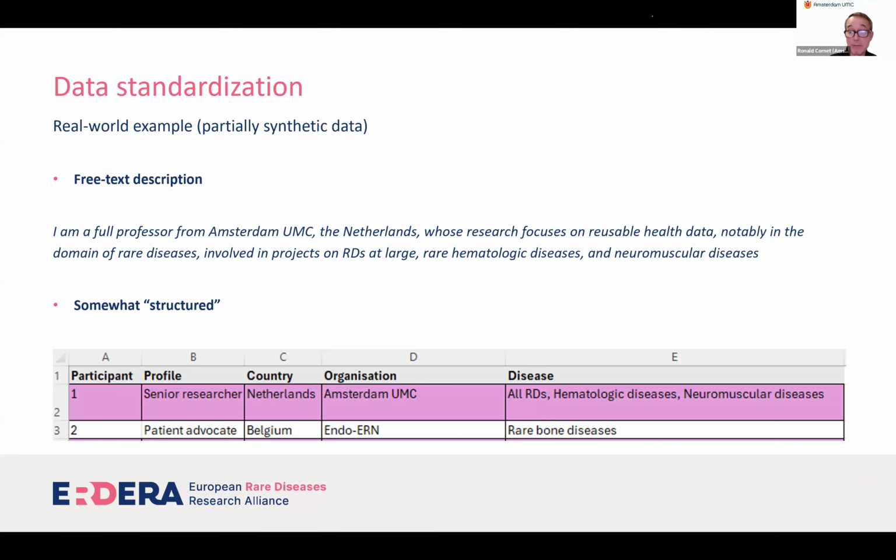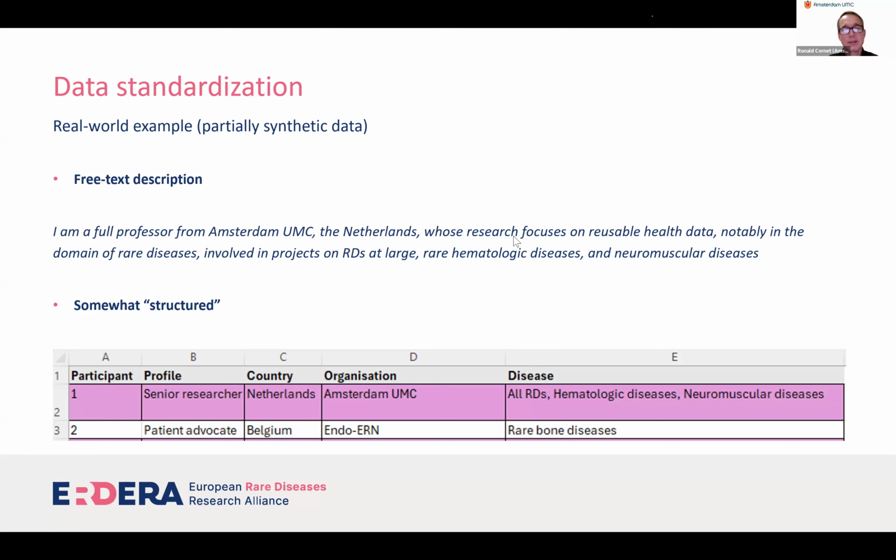So creating these, and often I must admit they are Excel spreadsheets, for better or worse. This is a first level of structuring or standardization, if you will. We choose the headings and we fill in the values for each of the headings.